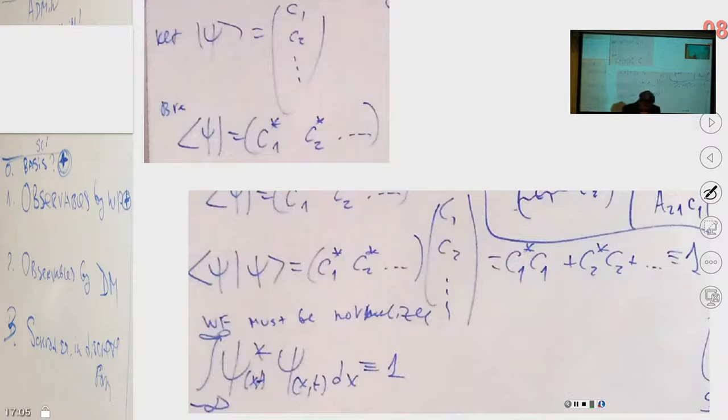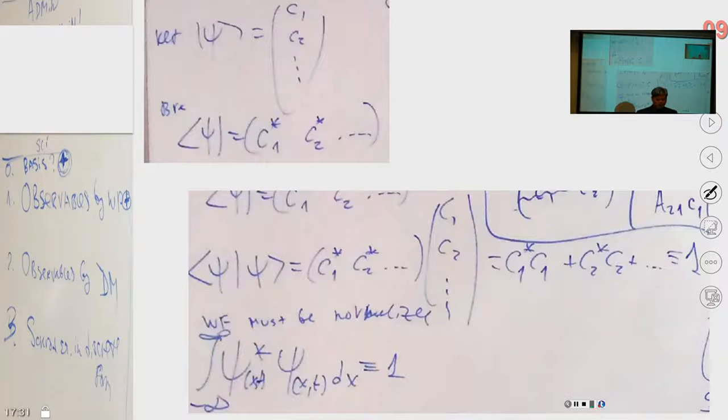Our favorite object of interest is a replacement of the wave function, which is a column vector of expansion coefficients. For the next 20 minutes, we focus on the column vector of expansion coefficients.